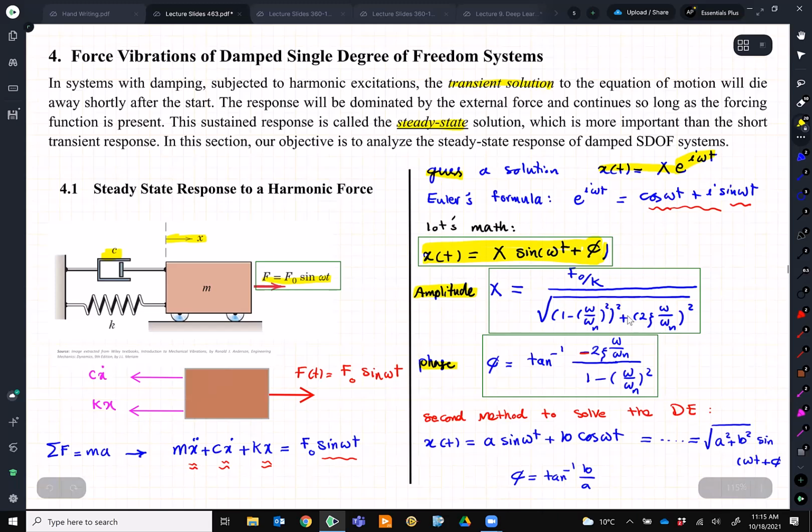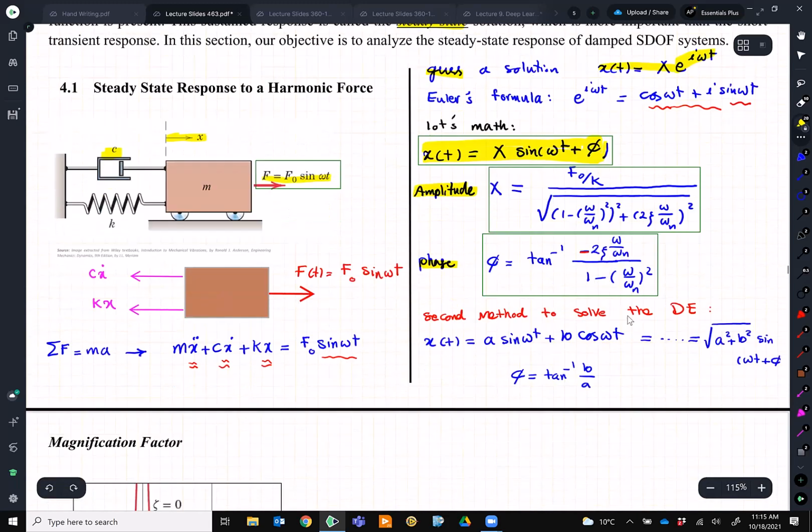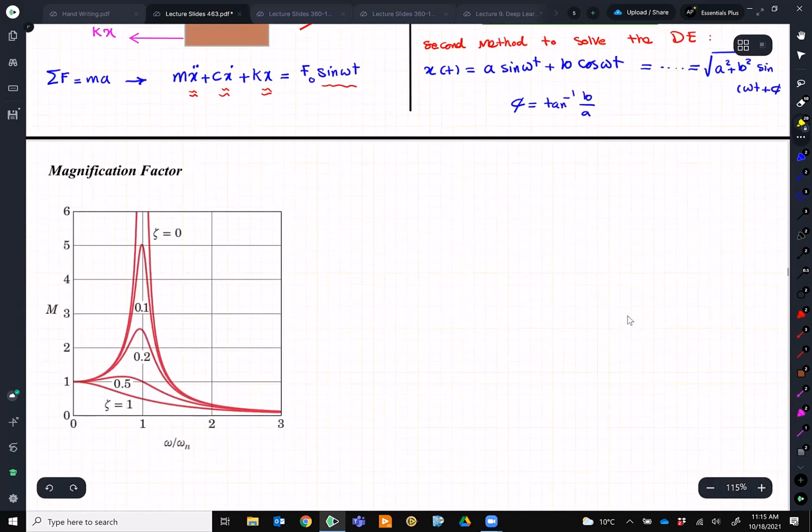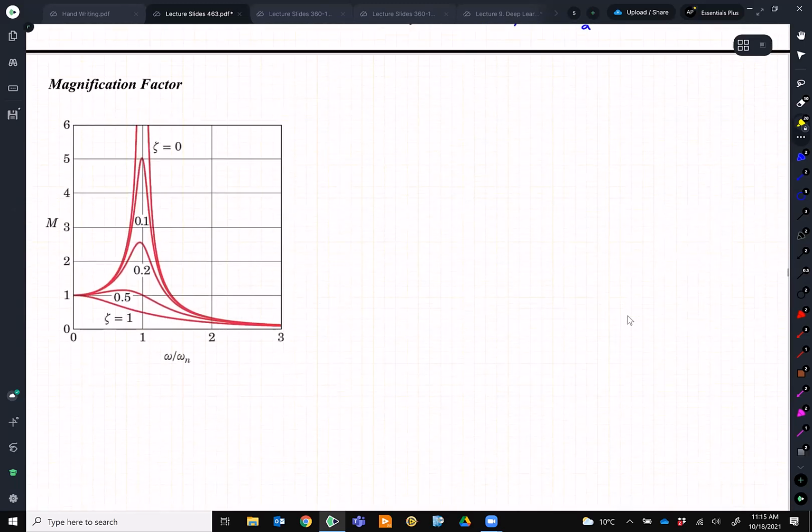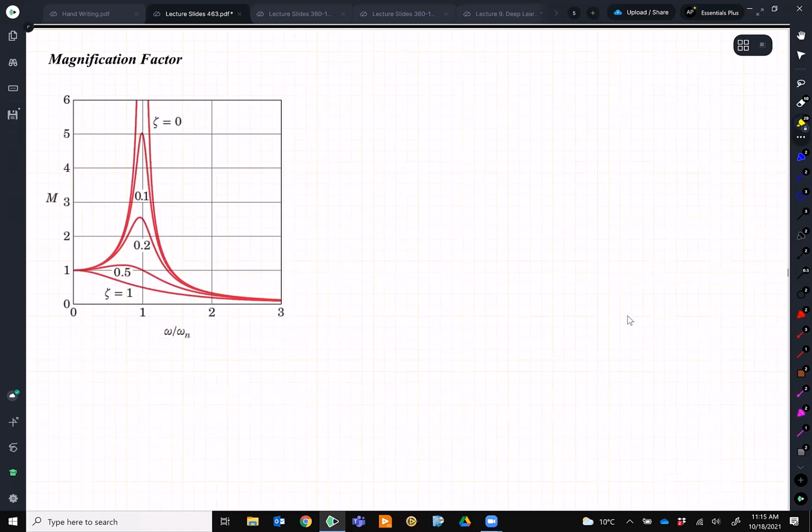Now let's explore this X a little bit more by plotting it, okay? So I'm going to come here and write it down again, so then we attempt to plot it. This time I divide X by F0 over k.